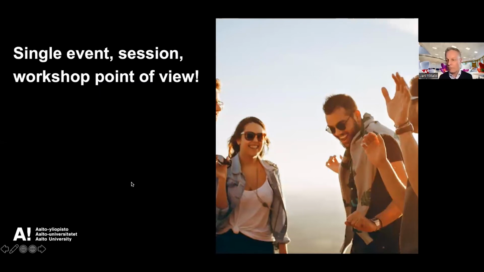Quite often when we talk about organizational transformation or facilitation, it's a single event, session, or workshop point of view, that we have to plan a workshop and so on. And then there's having a larger process or transformational process. In my example, it may not be facilitation anymore.